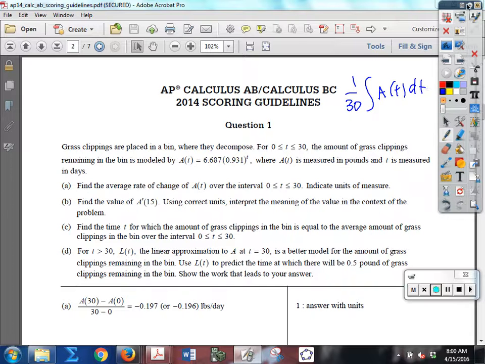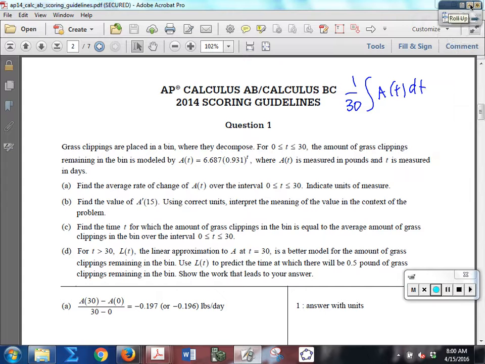Well, what are the units for A of T? Pounds. And what is dt going to be? Days. So pounds times days. And then this right here is going to be measured in what? It's 1 over 30. What was 30? Days. So this is 1 over days.